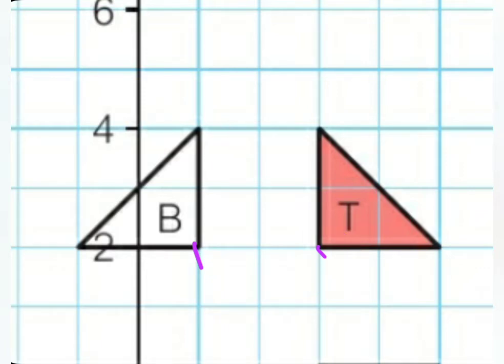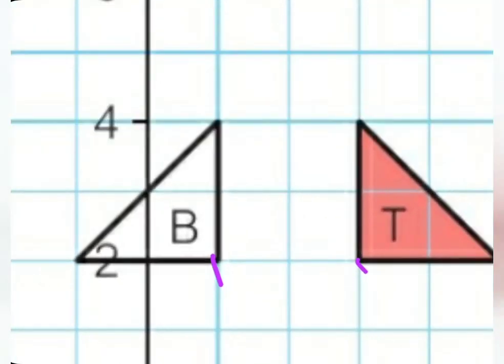Now, the second step is to find the distance between the points. We say 1, 2. So the distance here is 2 centimeters, and half of 2 is 1. So after 1, we make a line. It has to be like this.